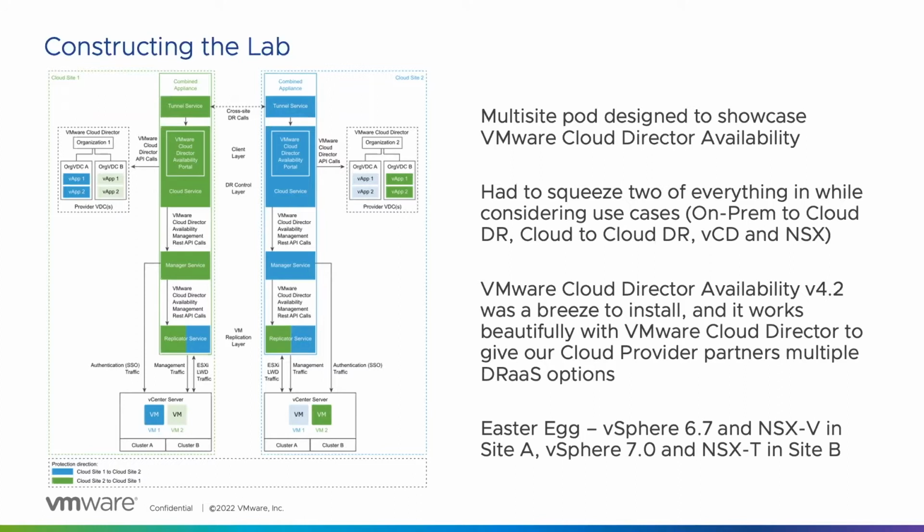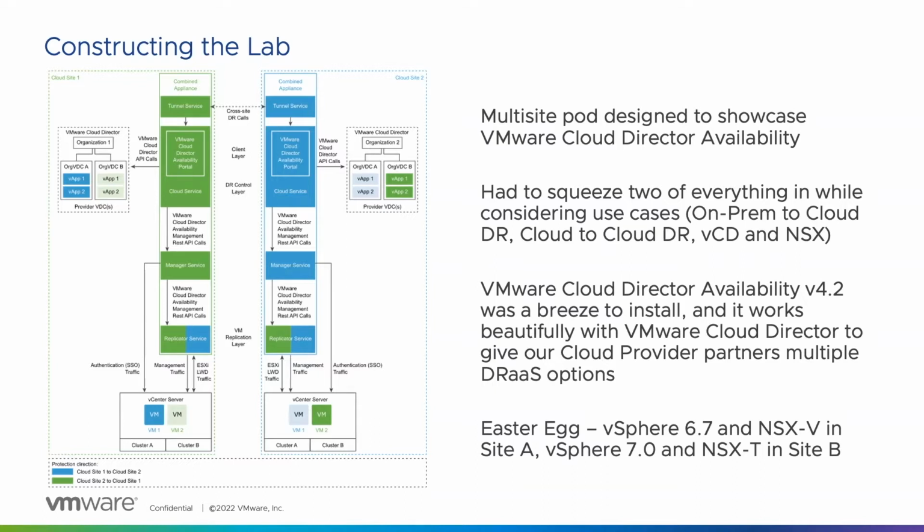One of the neat things with Cloud Director Availability is that you can deploy the appliance in a consolidated fashion, so all the moving parts are in a single appliance. While that is great for a test/dev lab use case, it is not recommended for production. For production, it's recommended to install separate appliances for each of the components that are required. And that's in the documentation as well.